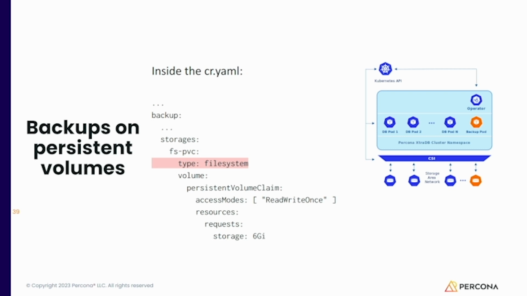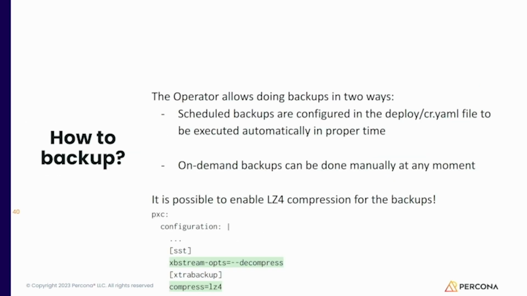There is a big difference between storing on the cloud and on a local file system. The problem with the local file system is that your disk might break, so you might lose the database plus the backup. And if you store the backups on the local disk, you cannot do point-in-time recovery. I will mention that in a bit. I won't get ahead of myself.